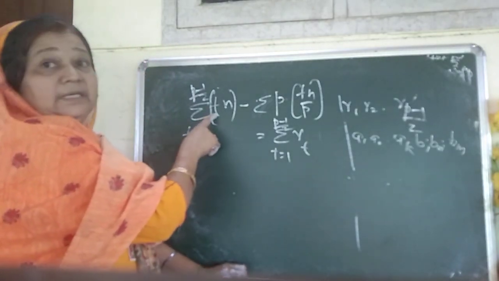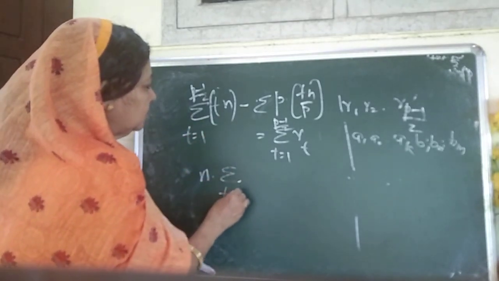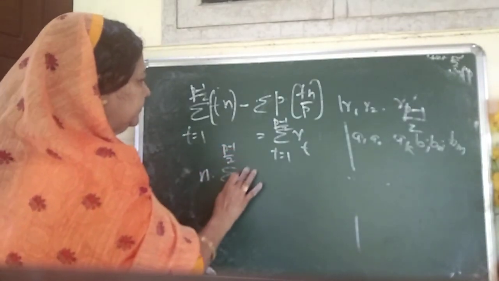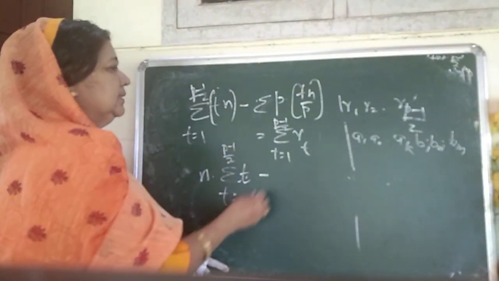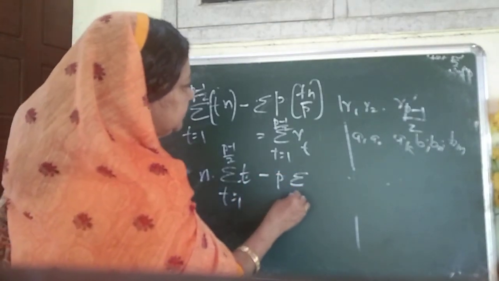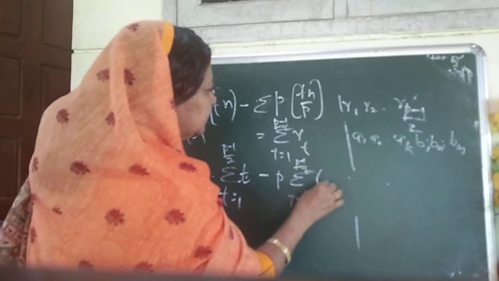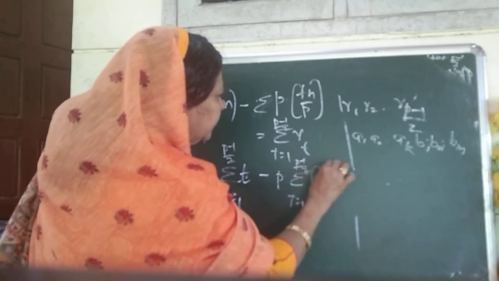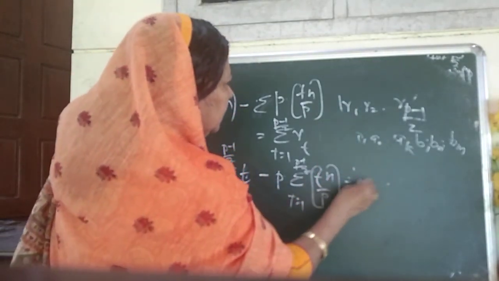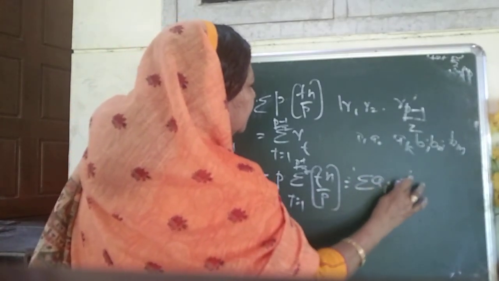Therefore, we can take n times sigma of t, t equal to 1 to (p minus 1)/2, minus p times sigma, t equal to 1 to (p minus 1)/2, of [tn/p] equal to sigma r_t, which is sigma a_i plus sigma b.